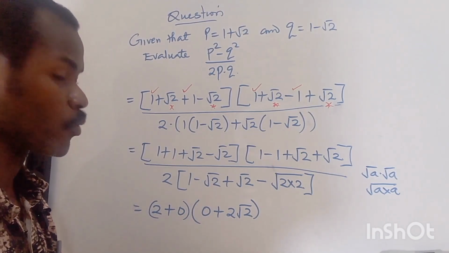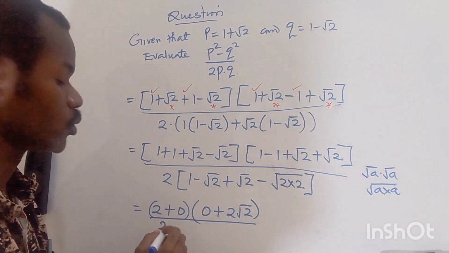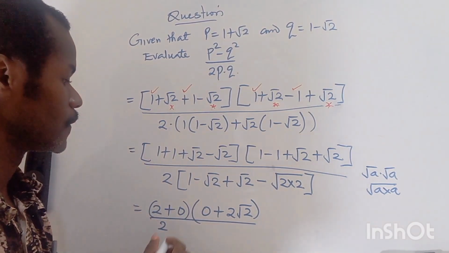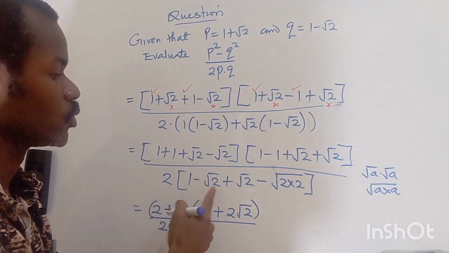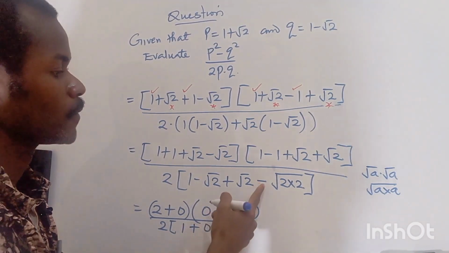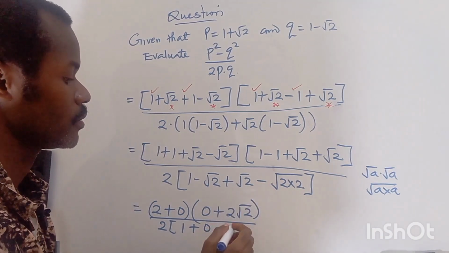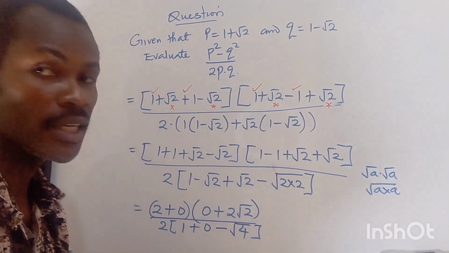So we have all these divided by 2, into 1 minus root 2 plus root 2, which is going to give us 0. So this is going to give us minus square root of 2 times 2, which is 4.